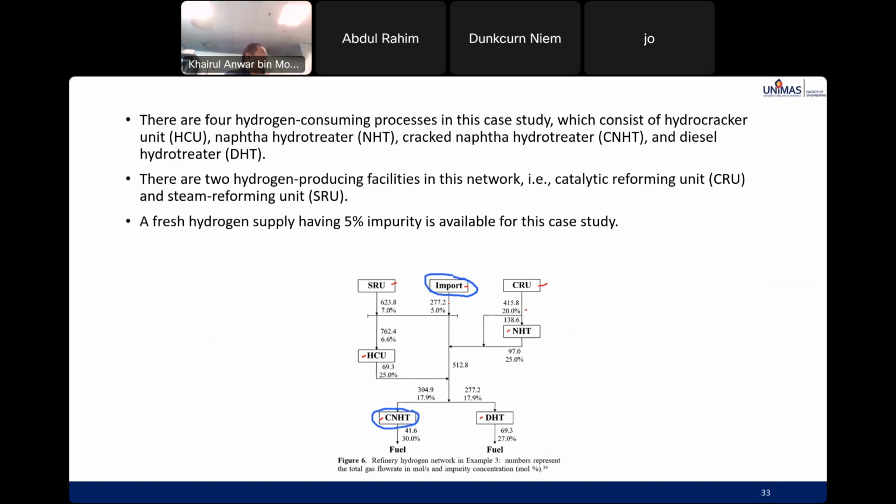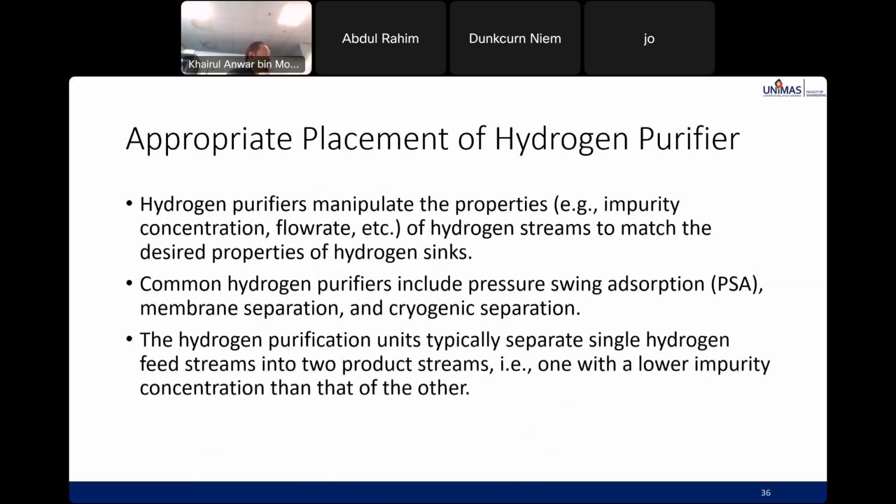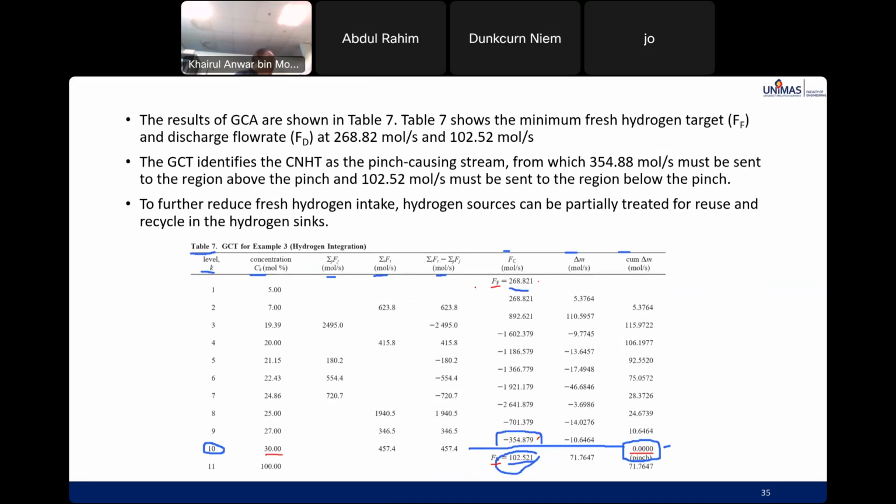So 277 minus 267, the reduction is only 3%.